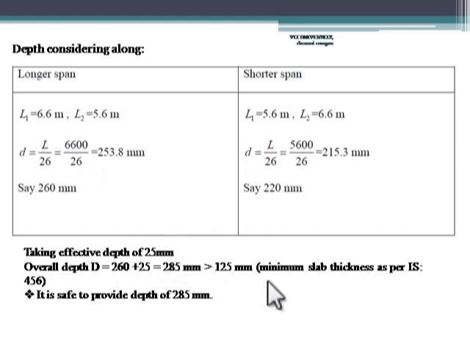Taking effective depth of 260 mm, with 25 mm taken as cover, overall depth is equal to 260 plus 25, that is 285 mm, which is greater than 125 mm, the minimum slab thickness in IS 456. So it is safe to provide the depth of 285 mm.